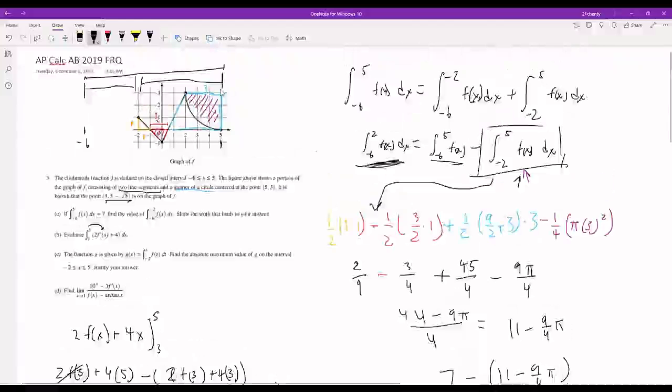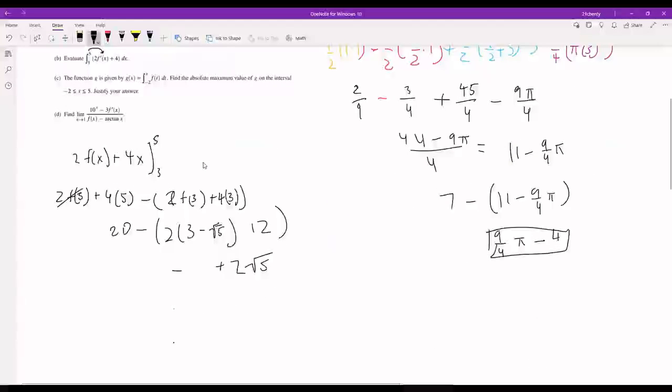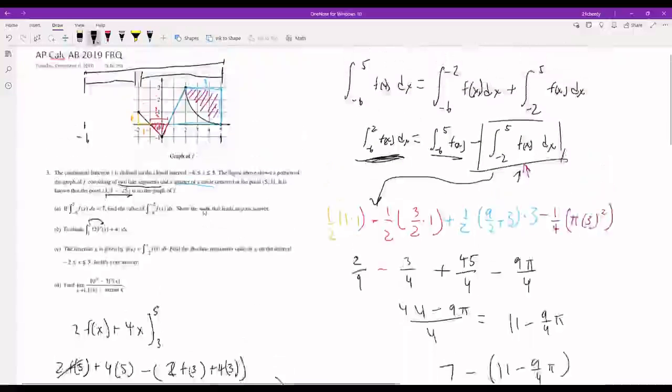Yeah, okay. So now we're subtracting 12, so that's 8 there. And then that gives us 2 plus 2 rad 5. So that one's pretty easy, just a fundamental theorem of calculus question.